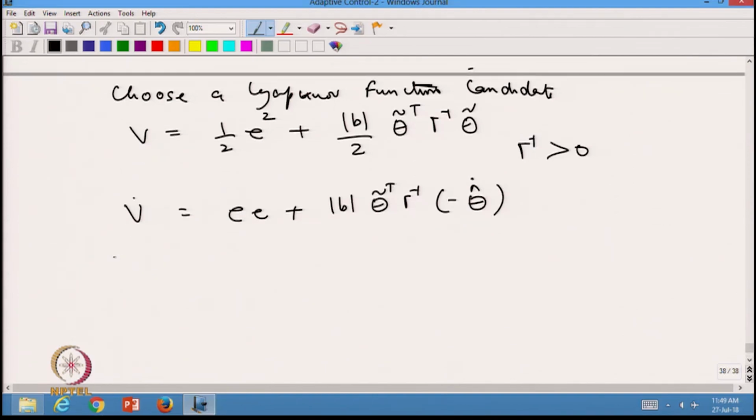Now, the classical unmodified adaptive law for this case would be designed. Let's just go ahead and do the error system substitution. Yeah, we forgot the, yeah, that's fine.